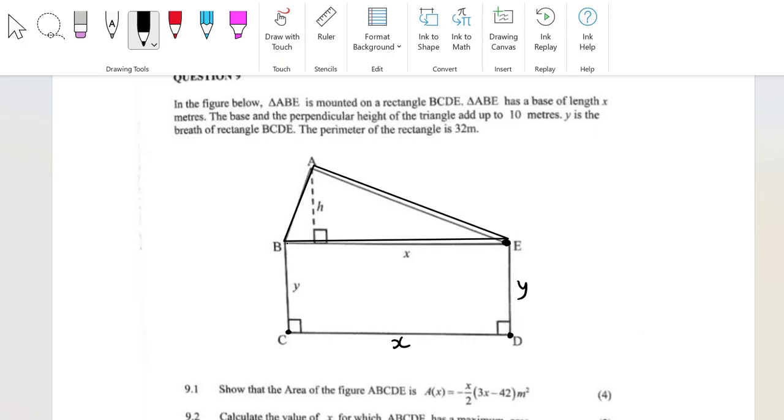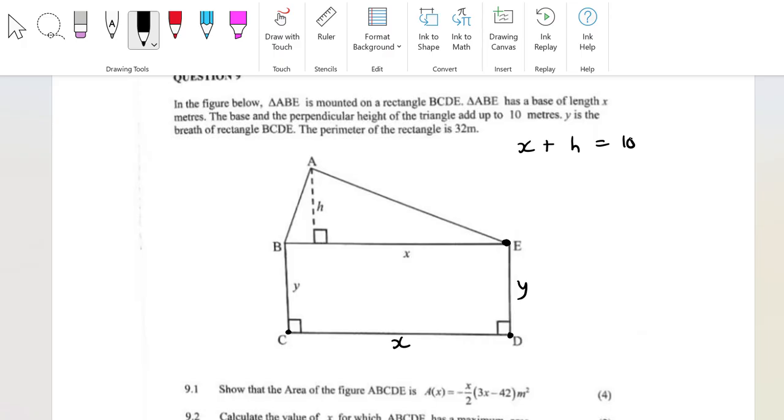So that is our triangle over there. So basically, if I take this and this, they should add up to 10, right? So that's the first expression that we have. We know that x plus h is equal to 10.